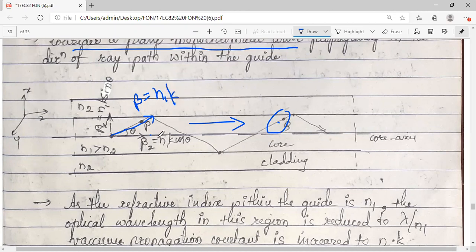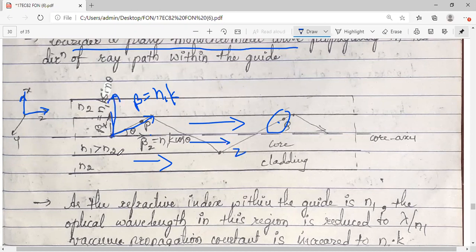If this wave is traveling in this direction, we can resolve this wave vector into two components. One is in horizontal direction, which is the z direction, and one is a vertical direction, which is the x direction considered. Out of these two, the wave is traveling in z direction, hence the field will be in x direction.